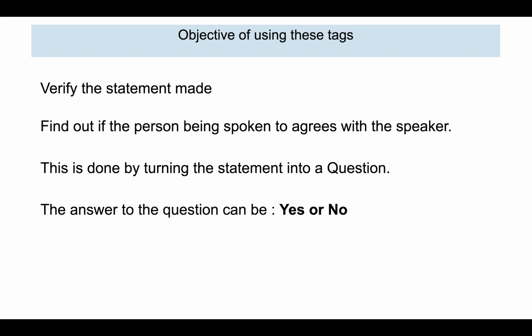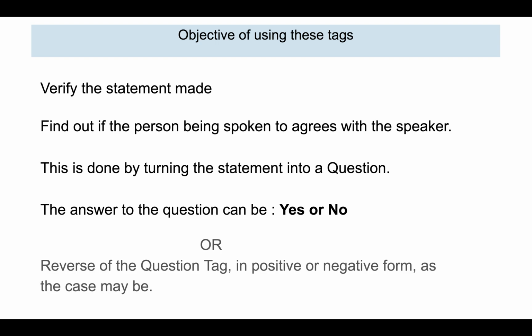Just wants to know whether you agree or you disagree. So the answer can be either yes or no. Or it can be the reverse of the question tag in positive or negative form as the case may be. You will understand this when we take up an example.